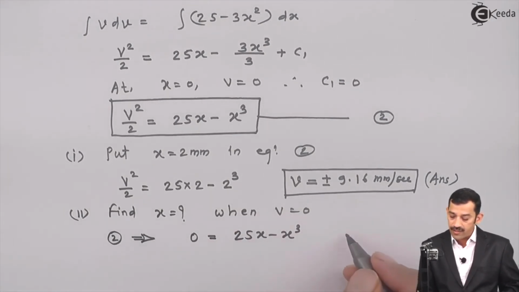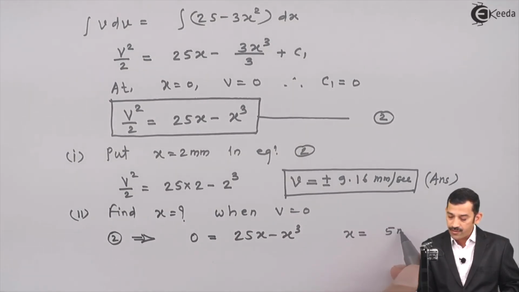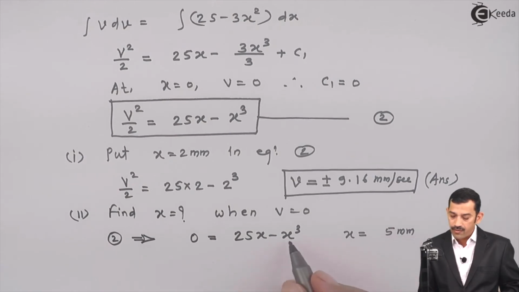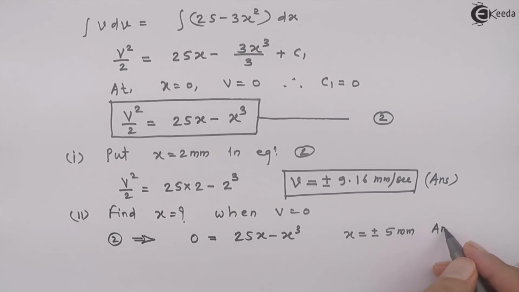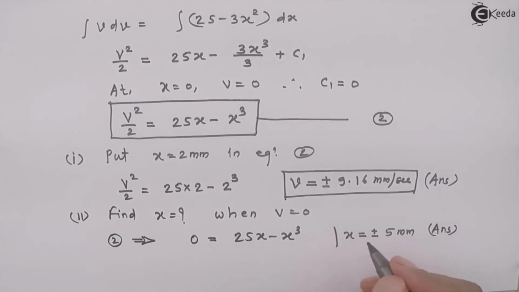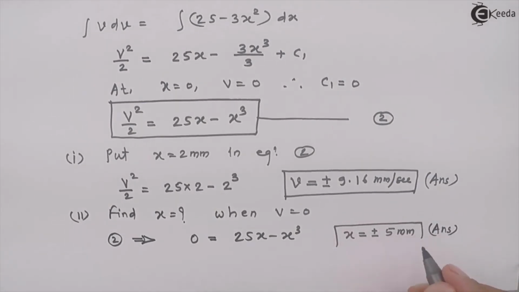Solving this equation, x = 0 is one solution. But when x gets cancelled, we get x² = 25. That means x may be positive or negative, so plus minus is possible: x = ±5 mm. This is the second part of the problem.